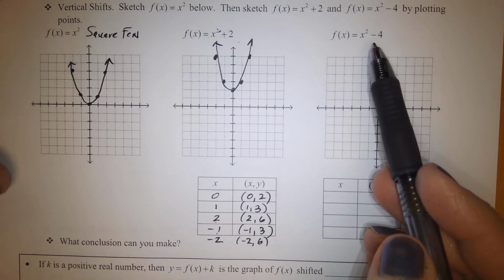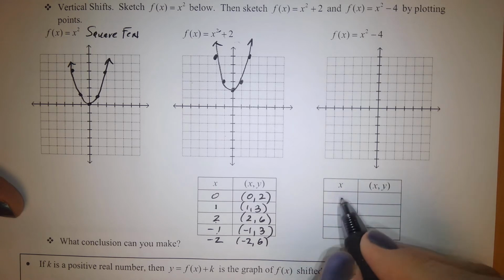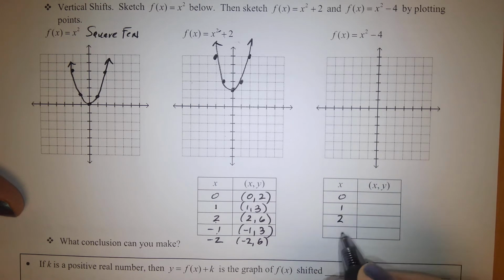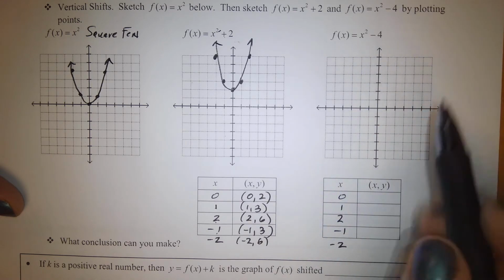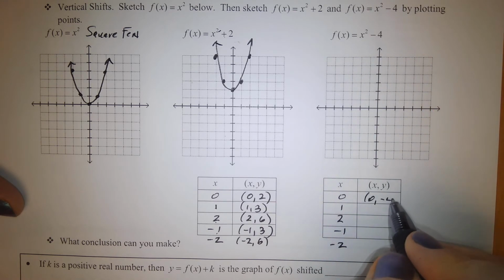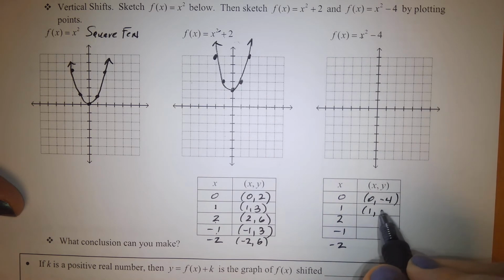You can probably guess already what's going to happen, but let's verify it one more time. Let's put in these same points. If I plug in 0 for x, I get -4. If I plug in 1 for x, I get -3.